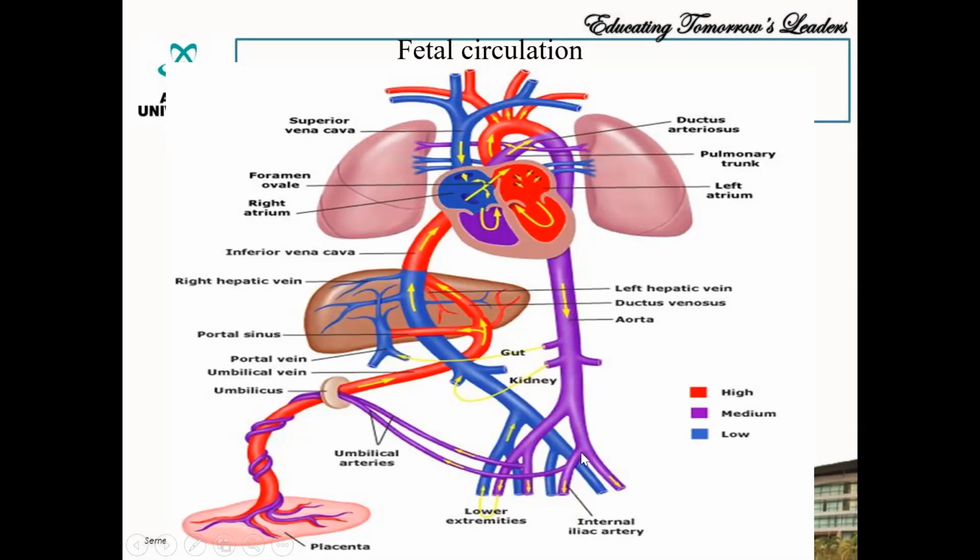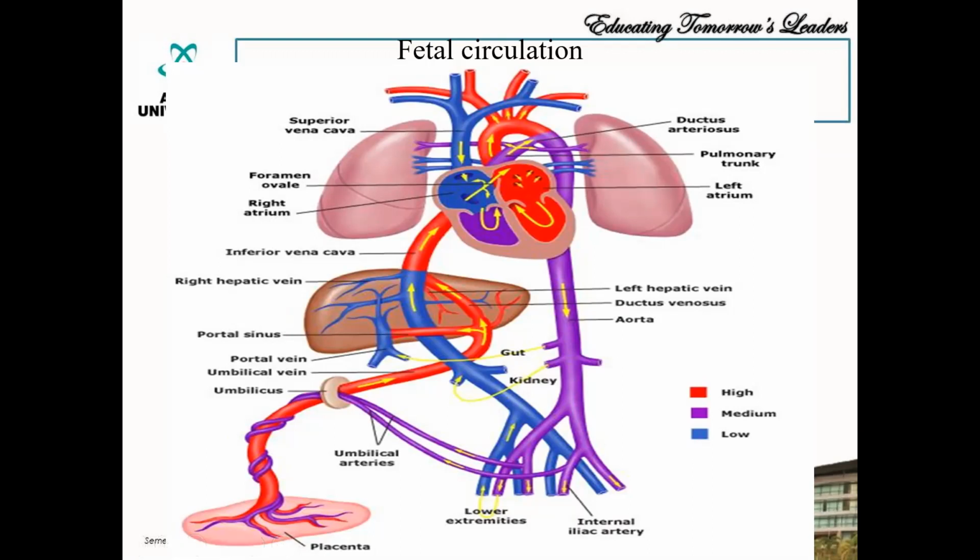Then from the lower limb, the deoxygenated blood will be collected through the umbilical arteries, and the umbilical artery will be taking the deoxygenated blood outside the fetal body to the placenta. Some in the inferior vena cava will be going into the circulation again.